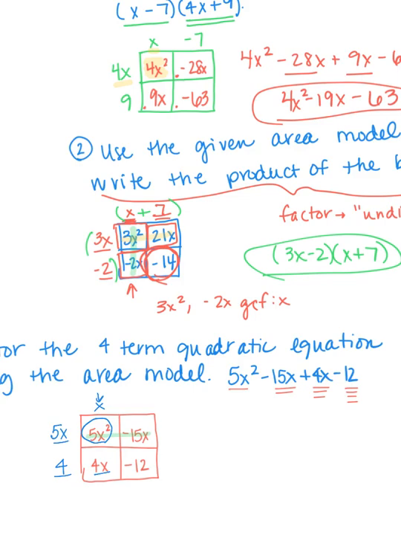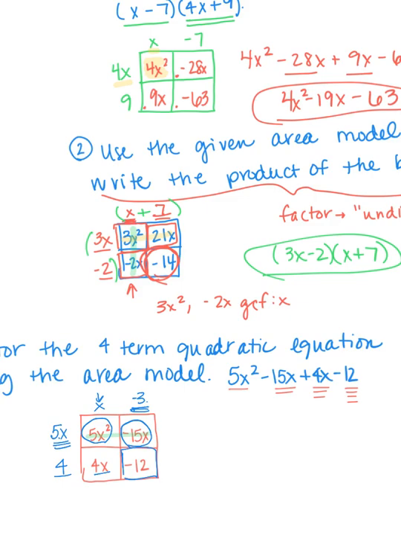And then again, to get this spot, it doesn't really matter where you go. We can do 5x times what gives me negative 15x, and that is negative 3. So 5x times negative 3 is negative 15x. And then we're going to check this last cell. Is 4 times negative 3 negative 12, and it is.